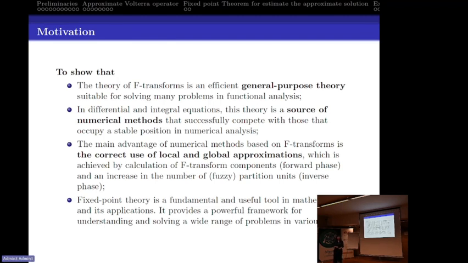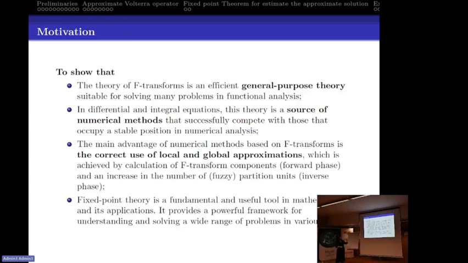As you know, Fourier transform is a very effective tool in so many fields in mathematics and also in neural networks, statistics, and image processing.